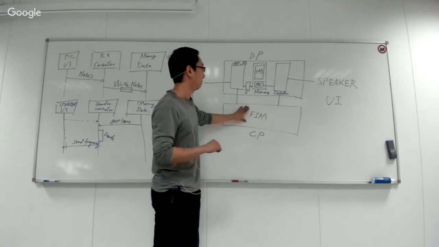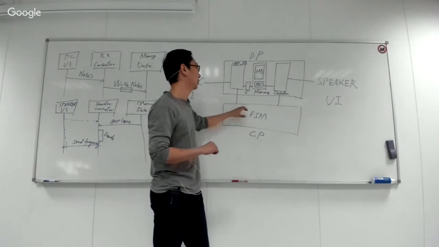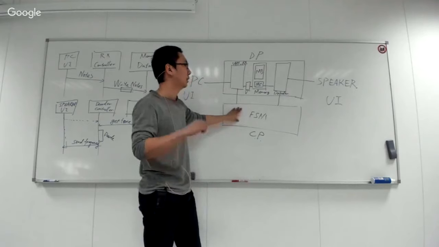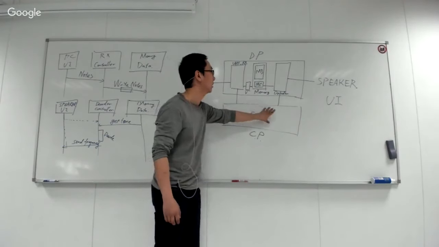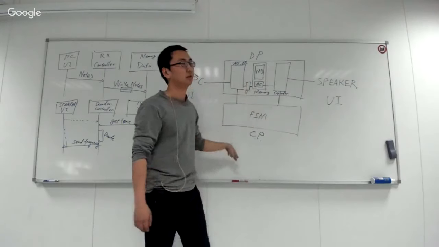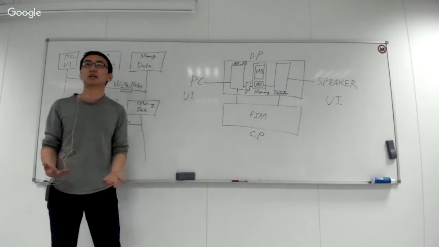So what's the difference between programming the finite state machine with data path within segments and within the same scope? Does anyone have any idea about this?